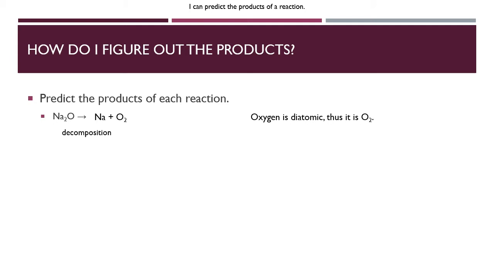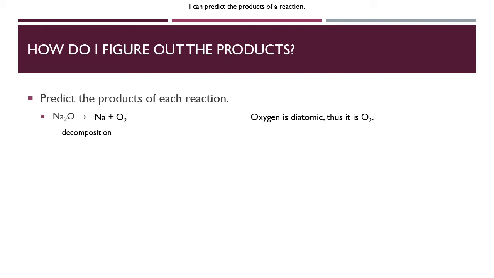So for any free element, and this isn't just for oxygen, you want to ask yourself, is it diatomic? Recall, there are 7 diatomic elements. 6 of those 7 form that number 7 that looks like the number 7 on the periodic table. You guys have marked these on your periodic tables, and if you haven't done so, or if you've gotten a new periodic table and you need to mark them again, please do.